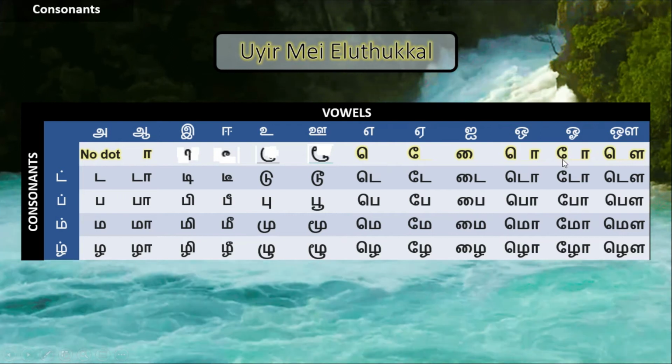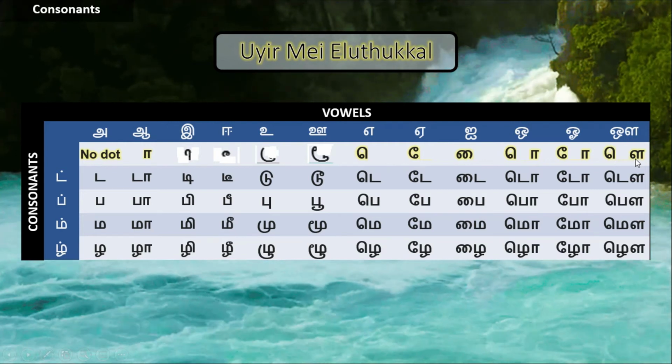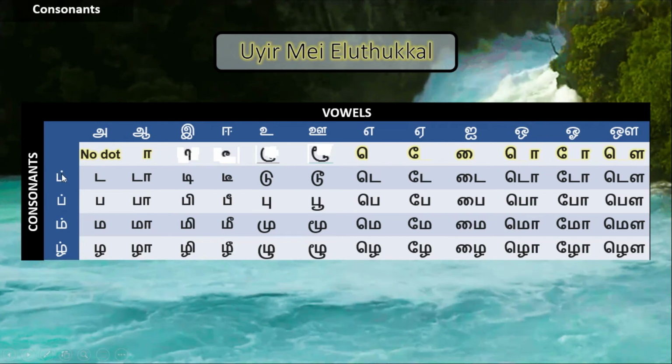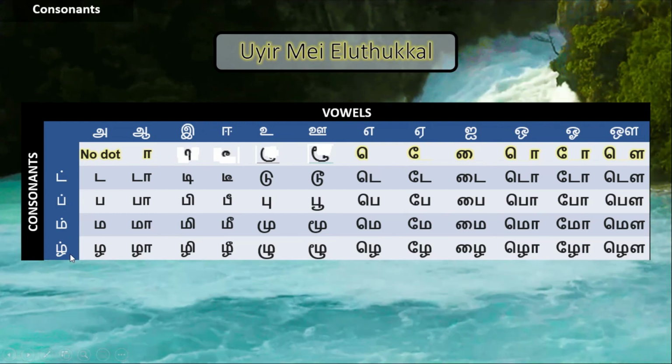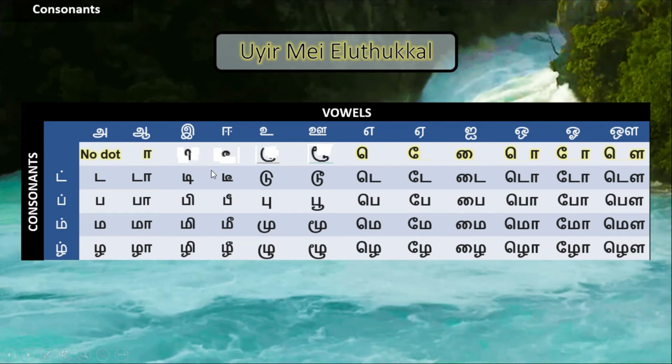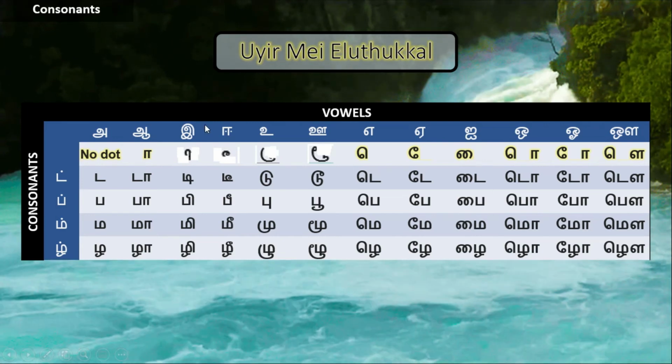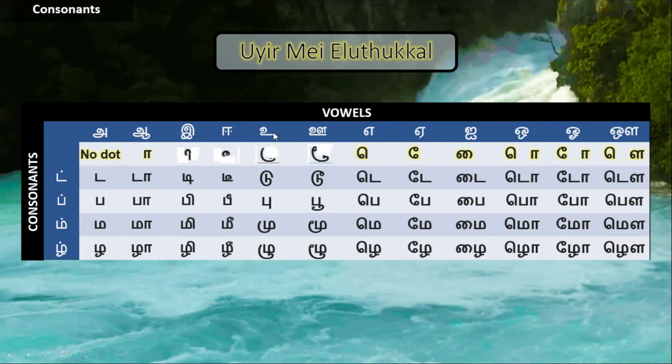For O, Irattai Kombu is prefixed and Tunaikal is suffixed. For Au, Ottrai Kombu is prefixed and the letter La is suffixed. So now we have these templates for the consonants it, ip, im, il combining with the vowels. The same templates will be applicable to other consonants also, except of course for u and wu, that we will deal with separately for each consonant, but for other vowels the templates will be used.